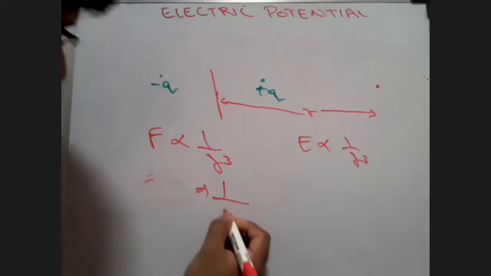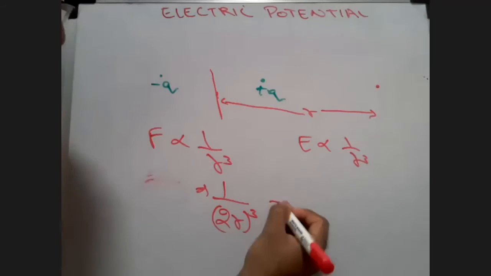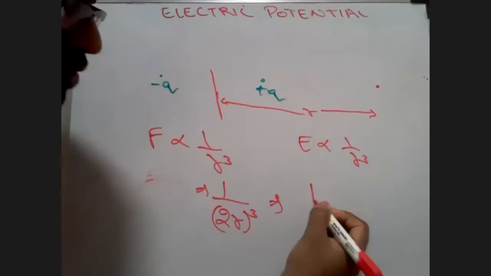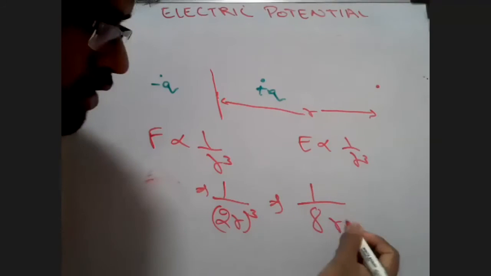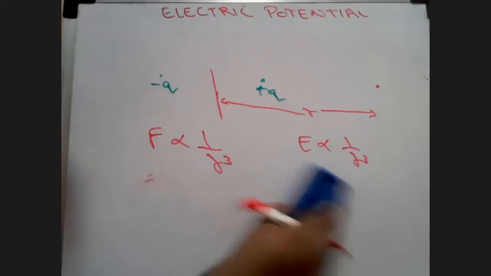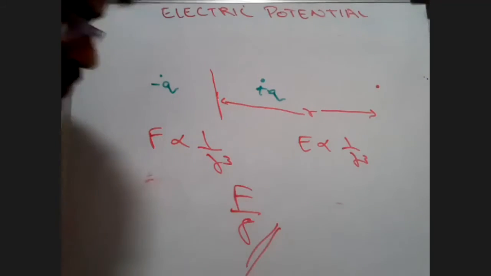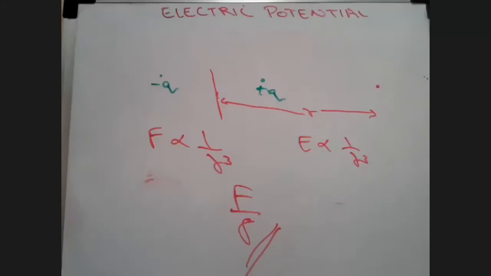So if I double it, the force will reduce 8 times, so it is 1 upon 8r cube. Basically it means the force is reduced by 8 times. Is that clear? Yes, sir.